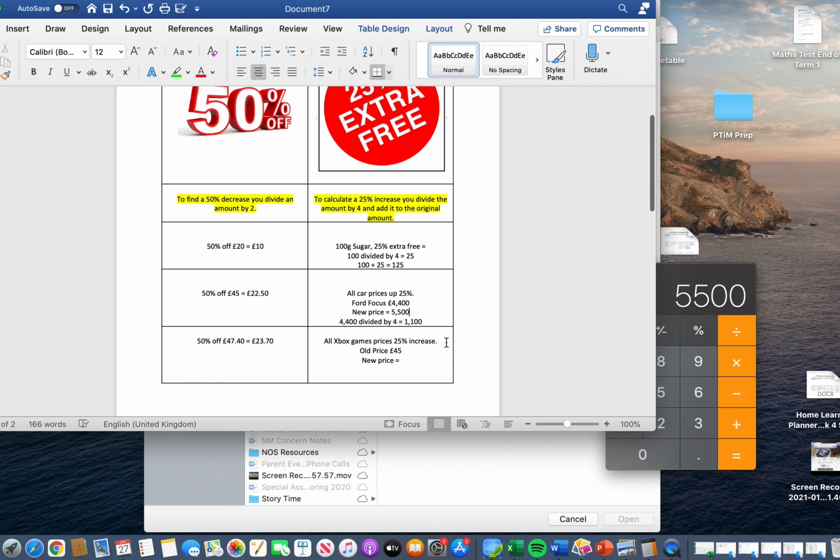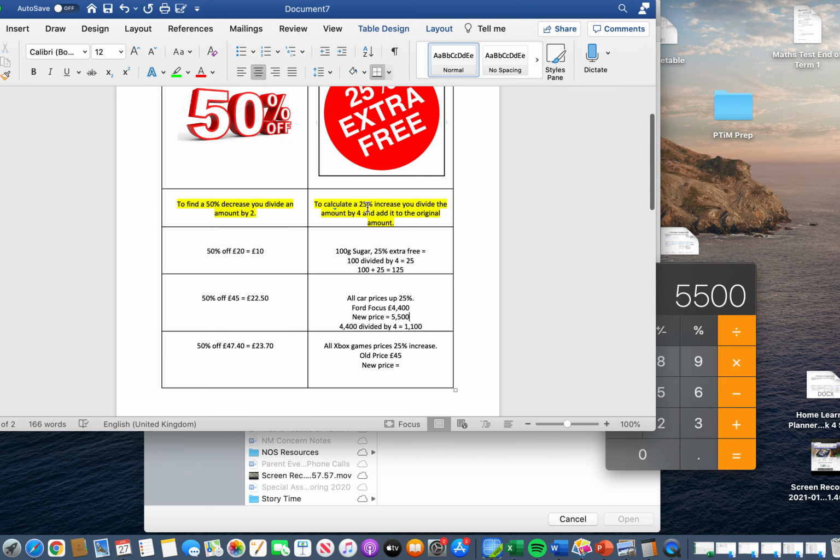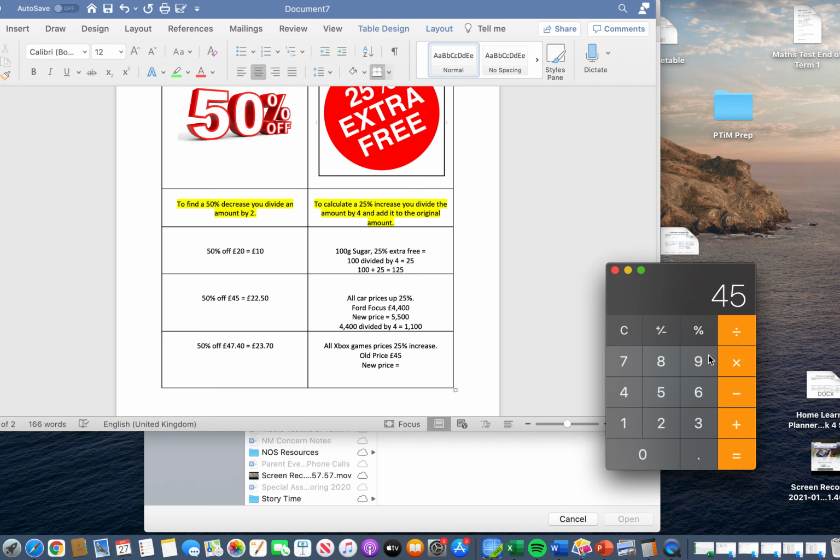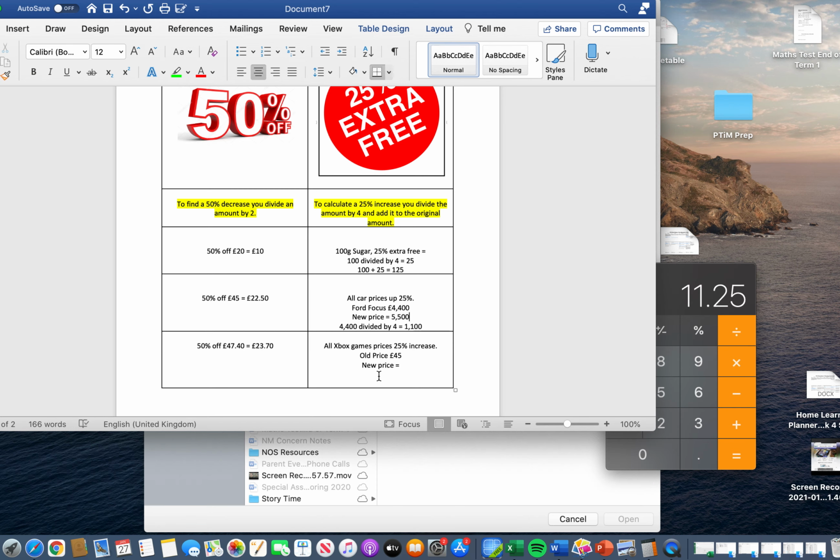Xbox games, they're all increased by 25%. The old price was £45. What's the new price? It says here to calculate a 25% increase, you divide the amount by 4. So the amount is 45. In your calculator, because you can use calculators today, 45 divided by 4 equals £11.25.